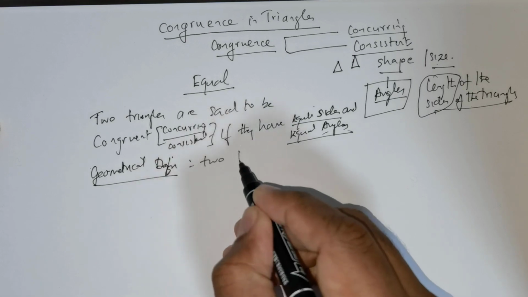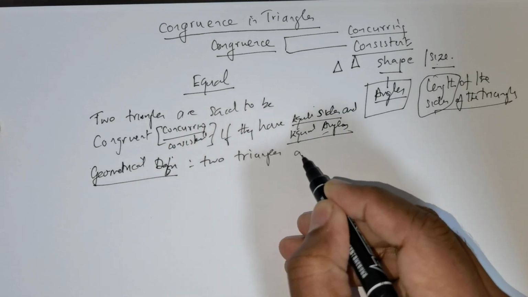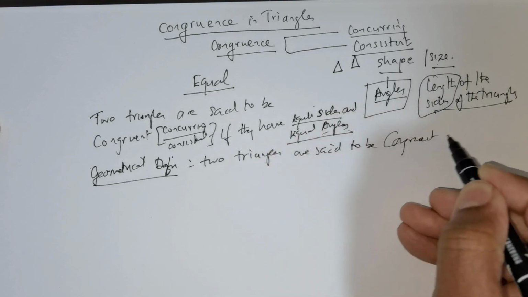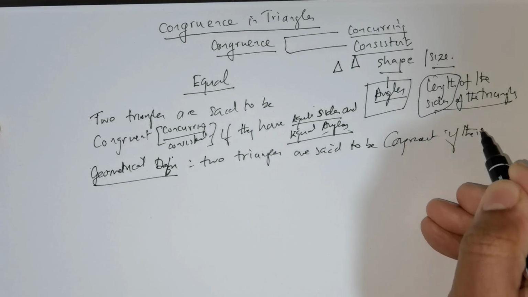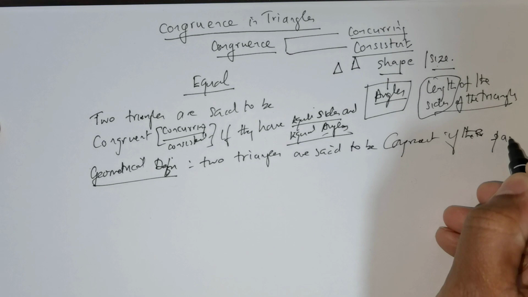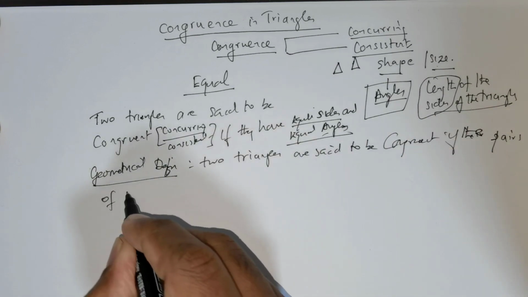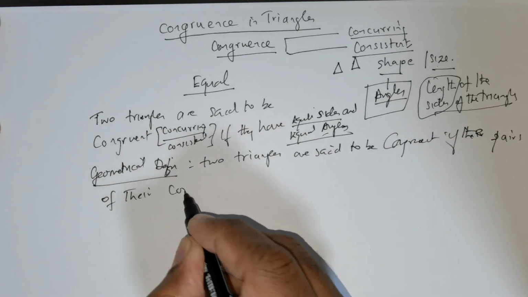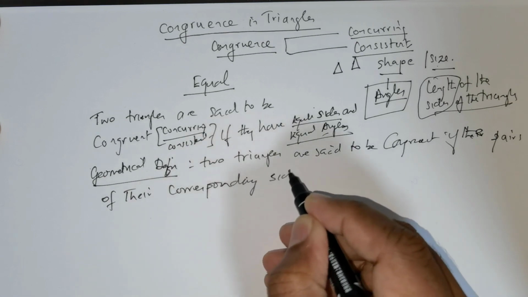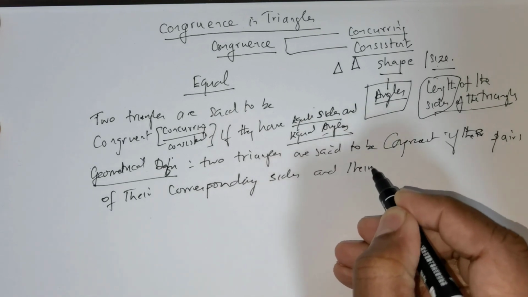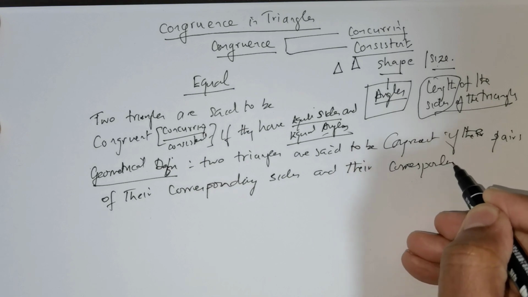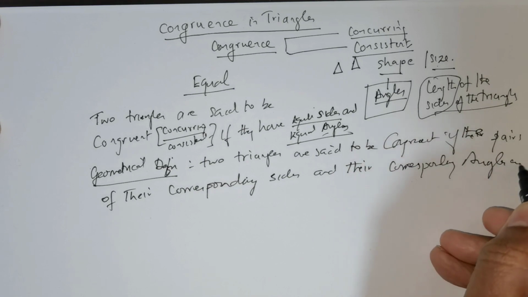Two triangles are said to be congruent if the corresponding sides and their corresponding angles are equal, right?